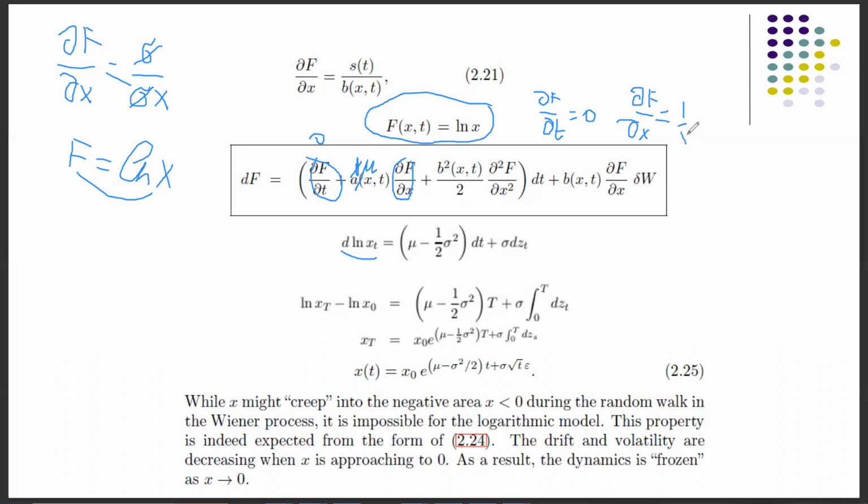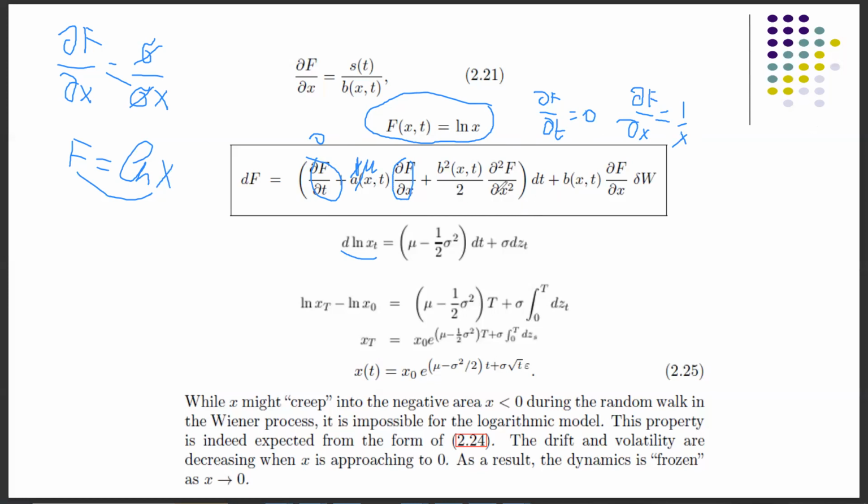Yes, you're right. So we have x mu multiplied by 1 over x, so only mu remains. So df equals mu.